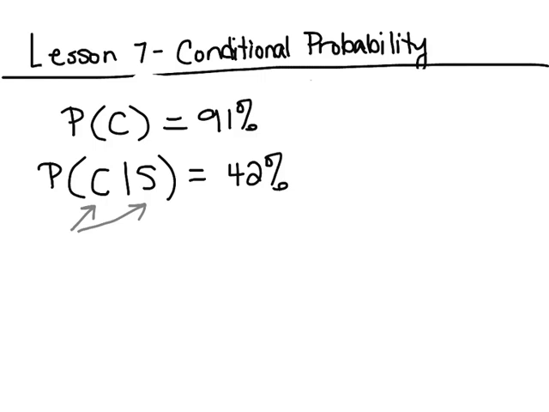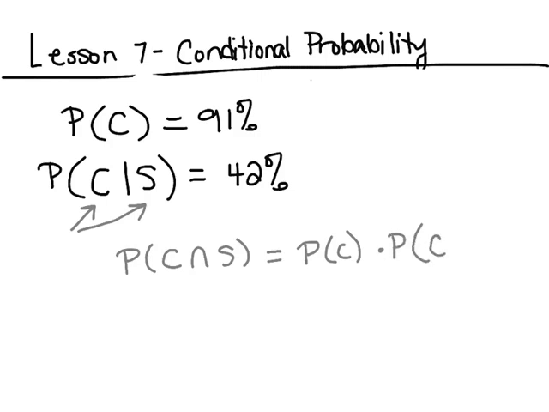So we use this formula for dependent events. C and S is equal to the probability of C times the probability of S if C. So we know that we have these two probabilities. We can write them as decimals, which is a little bit easier to manage.